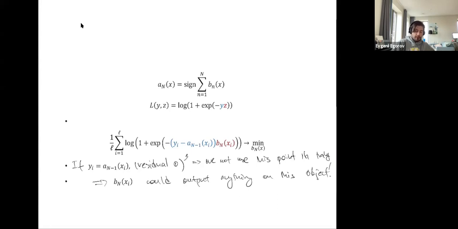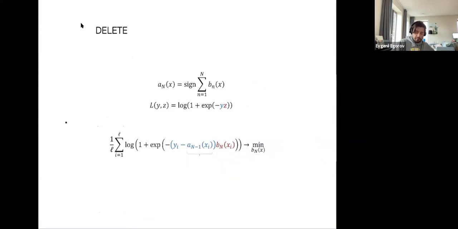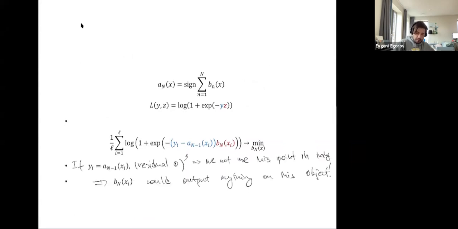And this is quite a serious problem, because plus minus 2 we can deal with. We can just multiply here by 1/2, a bit modify the loss, but not very hard, and labels again will be plus and minus 1. But when we modify the output of the whole ensemble on the objects that we already classify correctly, that's a problem, because now we cannot guarantee that we will improve our performance with each new member of the ensemble.